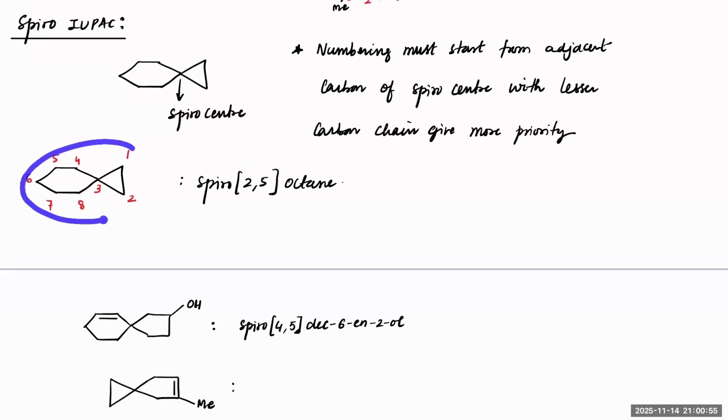If this is the case, we have a 3-membered ring and a 6-membered ring. You should always start with 3-membered ring. So from the adjacent carbon. So 1, then 2, then 3, then continue 4, 5, 6, 7, 8. So that is the numbering we have. And instead of bicyclo, now we write spiro. So spiro 2, 5. So there are two carbons on the right, five carbons on the left, then octane.